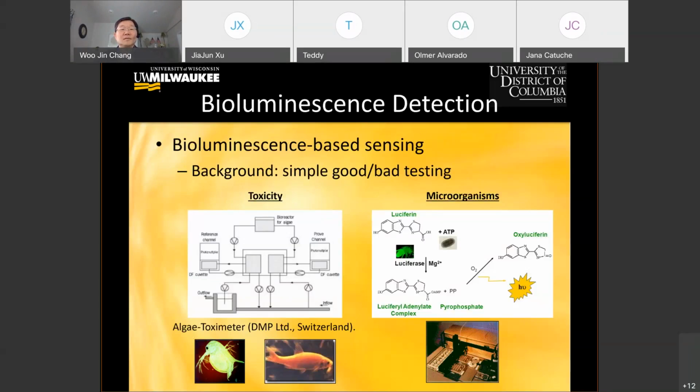I already mentioned that the toxicity of the water can be determined based on the activity of the biomolecules, and that is one method used to detect toxicity. Another approach is the detection of microorganisms using bioluminescence.